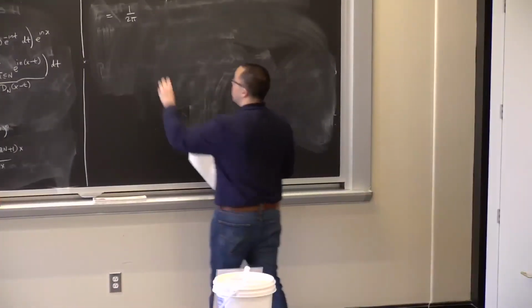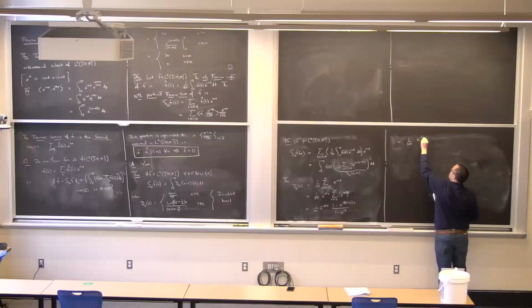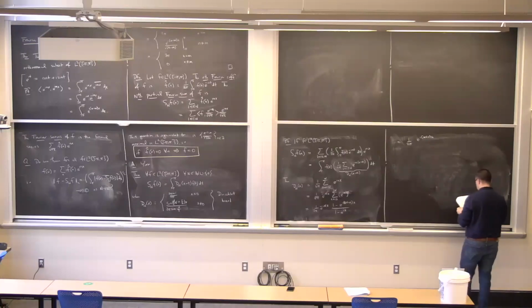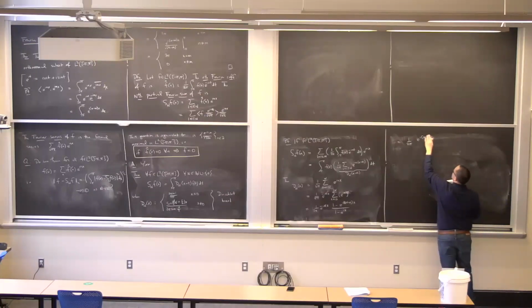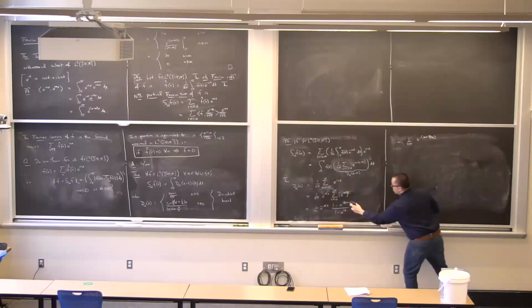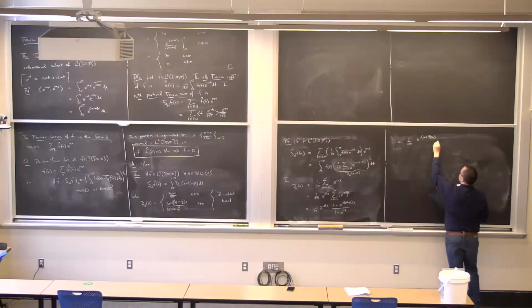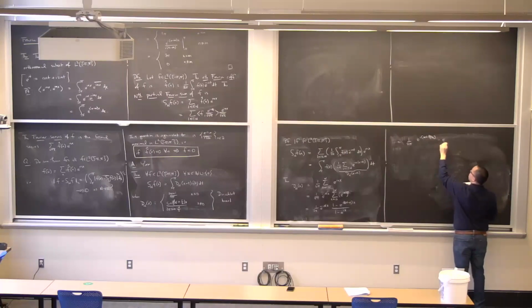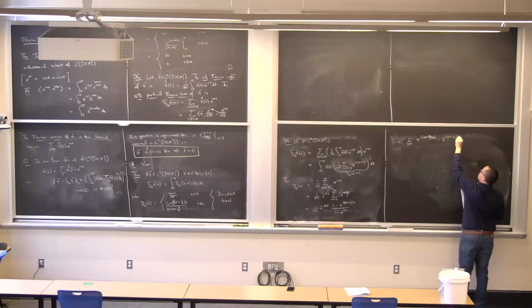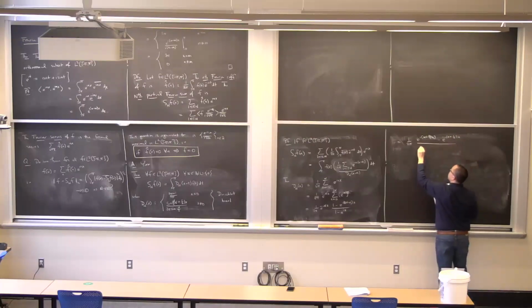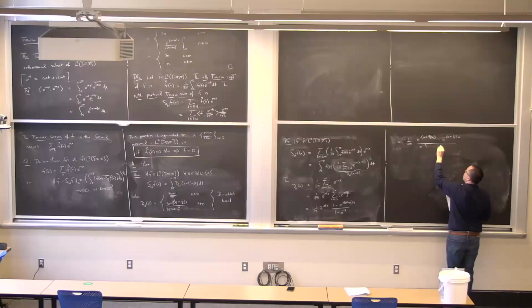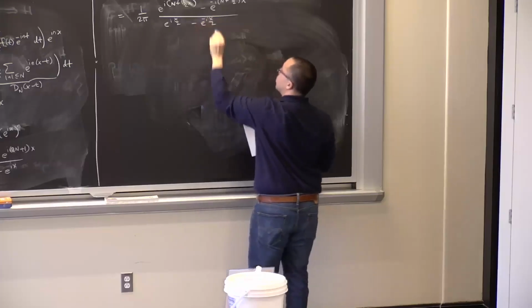And so I get e to the i (N plus 1) x. I should say, after I've taken away one of that, a half x that appeared with this 1x and distributed it down on the bottom, e to the i x over 2 minus e to the minus i x over 2.